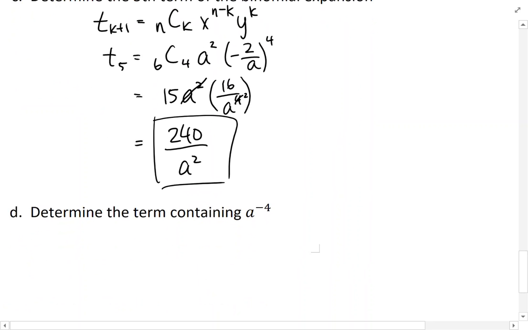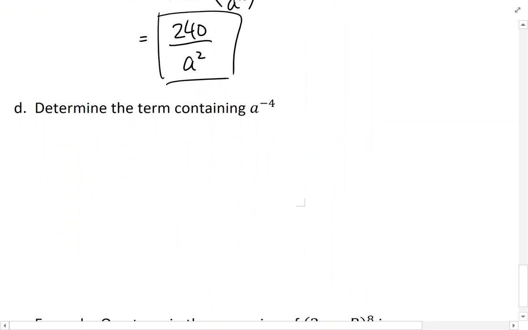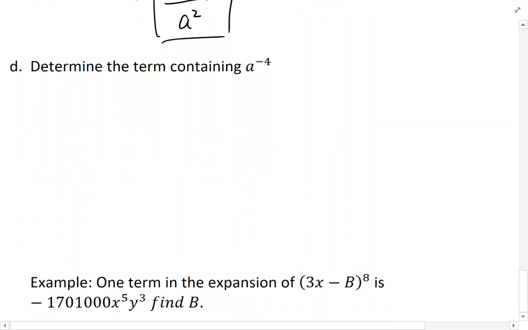Okay, so our next question, determine the term containing a to the negative 4. In this particular case, we don't know the term, so we just have some t k plus 1. We do know that our degree is still 6. That hasn't changed, but we don't know what k is.